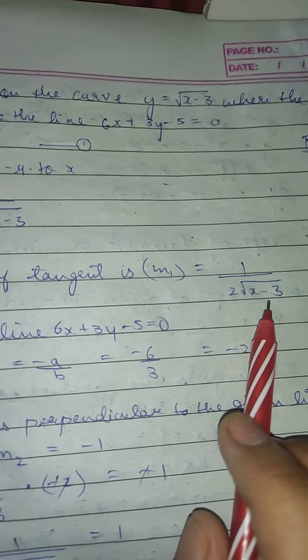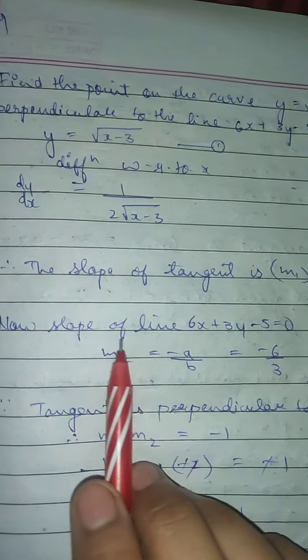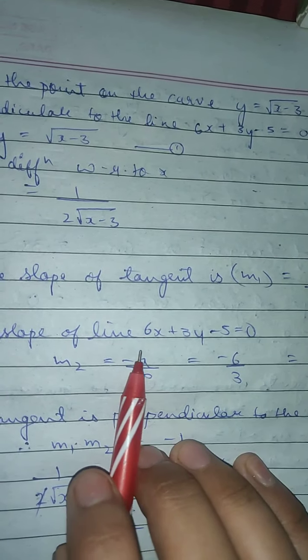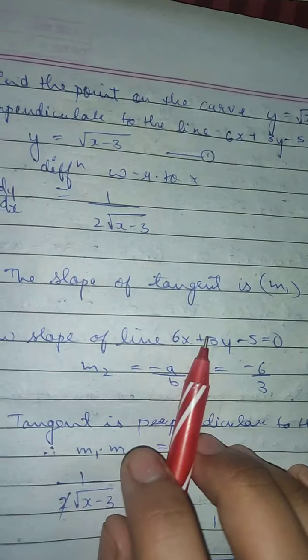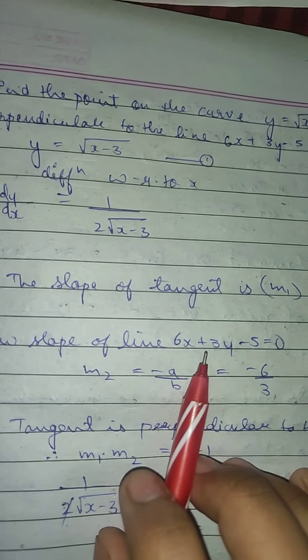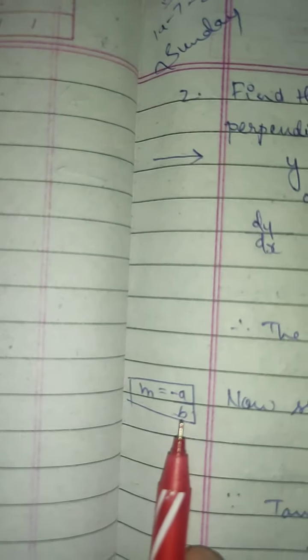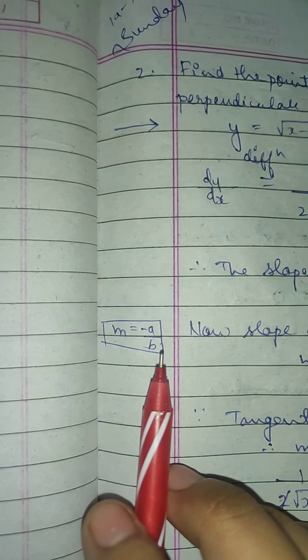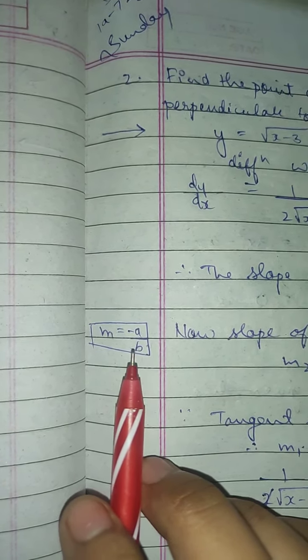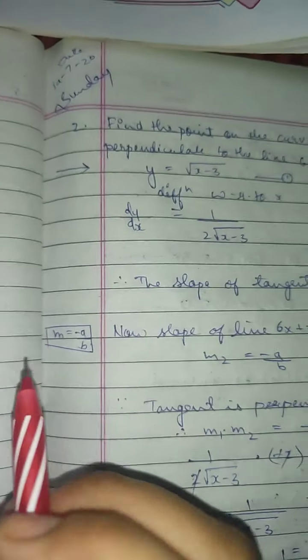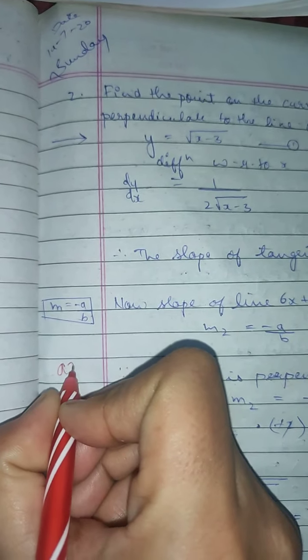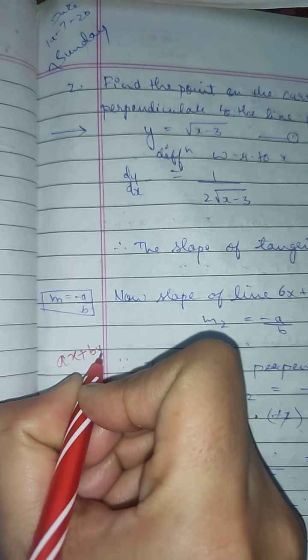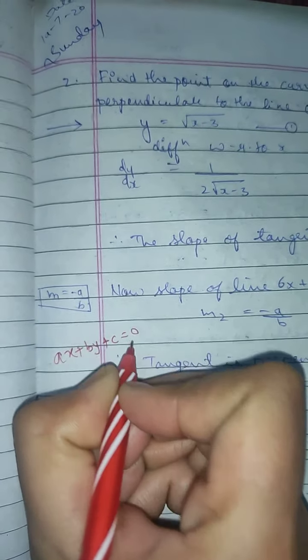Now the slope of the line. Now this is a line, and we have to find its slope. The formula is minus a by b. Remember this always, and we already discussed this in 11th standard, pair of straight lines. So first of all we have to arrange our equation in the form ax plus by plus c equals 0.